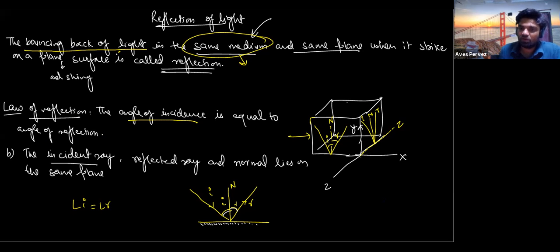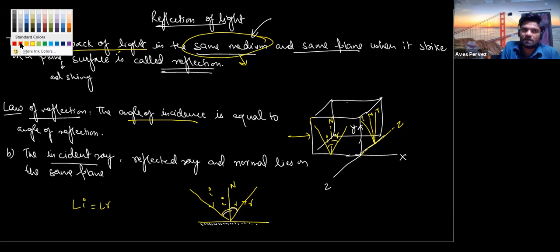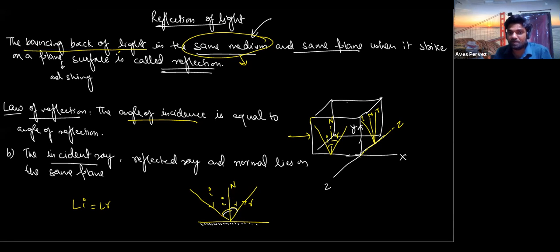For example, you need to keep in mind that whenever we measure the angle, we measure it from the normal. I will ask you one question. Let's suppose this is an incident ray on a shiny surface, and let's suppose this angle of incidence is 30 degree.